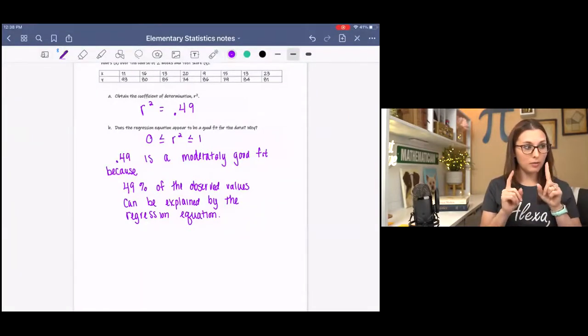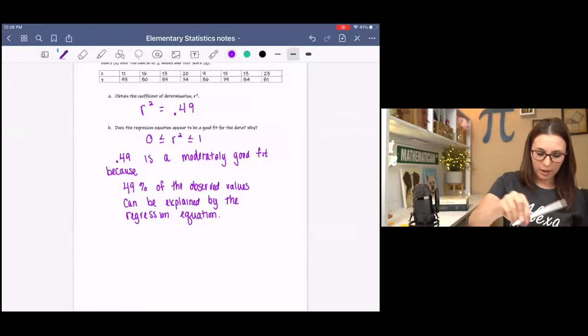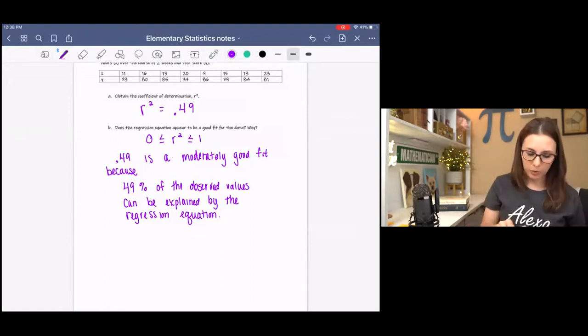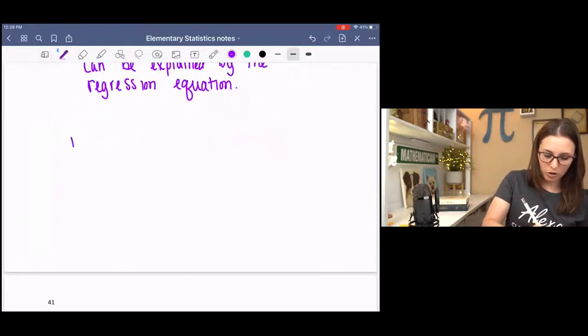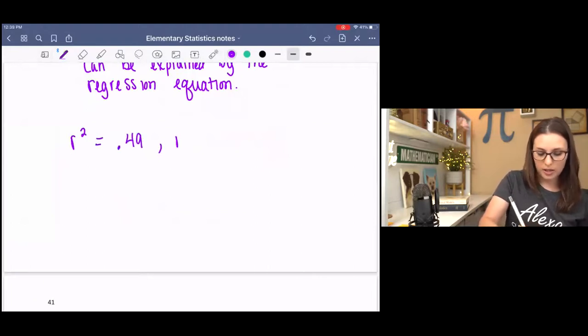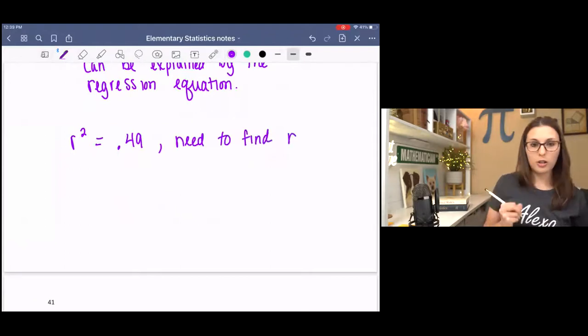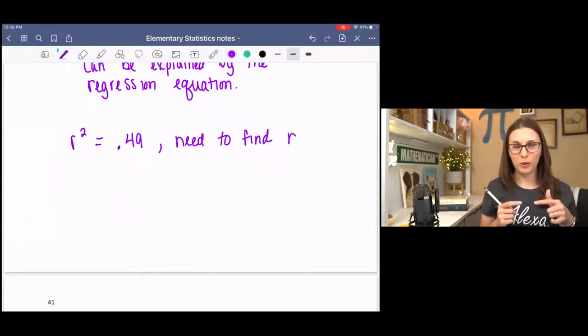Oh, wait, just kidding. I want to show you one more thing. Let's say, for example, that you were given R squared to start with, and you need to find r. Now we know that when we were given r, you just square it to find R squared.